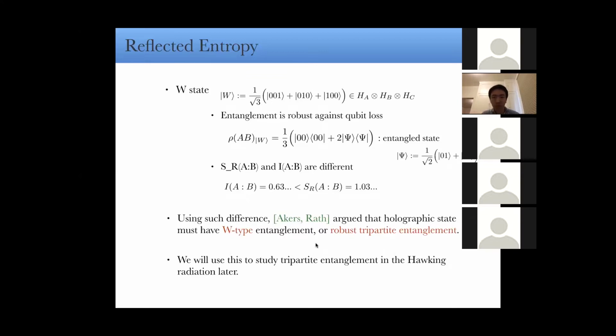I'm a little confused because I would have said that once I've traced out C, the state, as you noted, looks very different depending on whether you started with GHZ or W. That's true. So in one case it's entangled, in the other it's not. Wouldn't more primitive diagnostics have already distinguished these two states, rho AB?